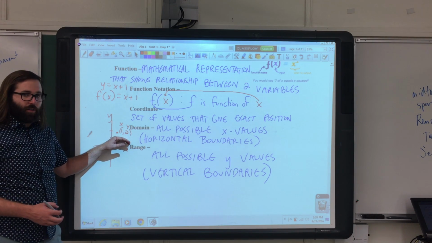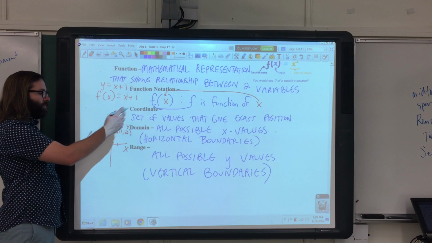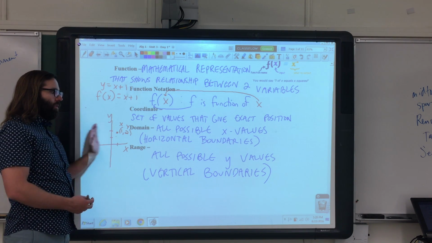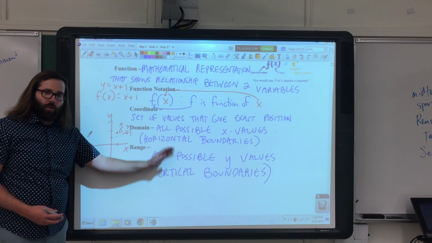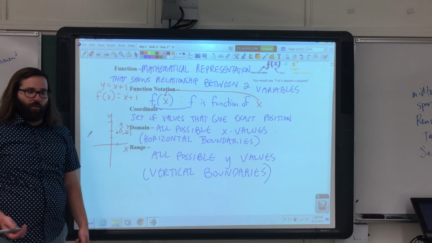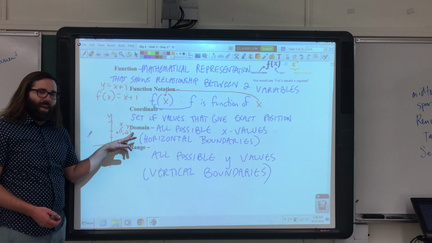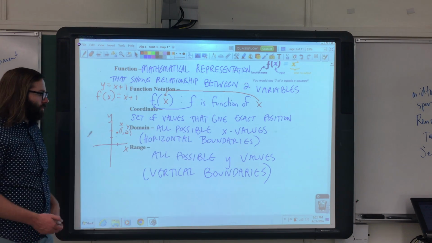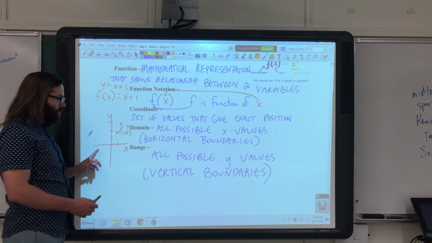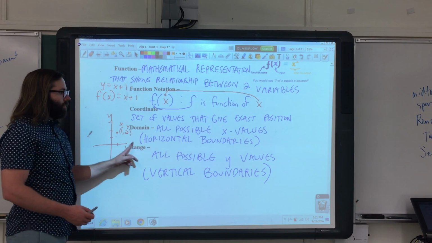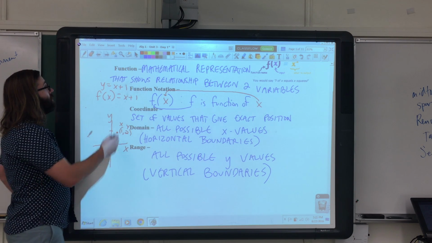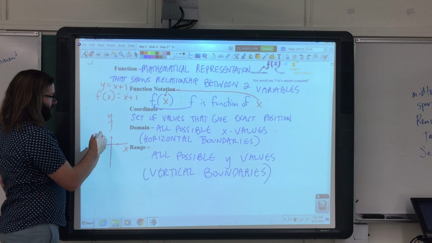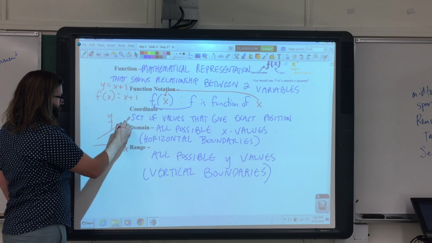Now when we're talking about functions, this will actually produce sometimes a line, a curve, stuff like that. So there's a certain boundary that your function has. Now our domain is going to be all possible x values. Okay, it's basically your horizontal boundary. You might have something that goes like this.